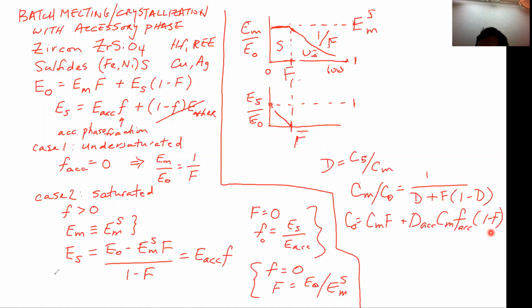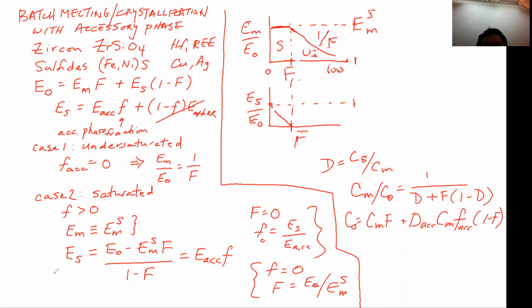And then this term right here with the D times the C, well, that's actually just the concentration of my trace element in my accessory phase, but it's related to the concentration in the melt by this partition coefficient D, okay? And I pulled it out there, that's why it looks like that.